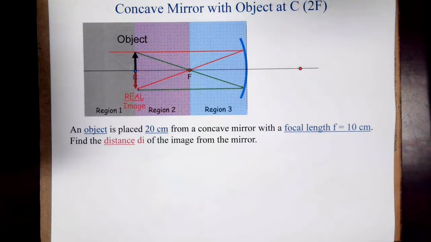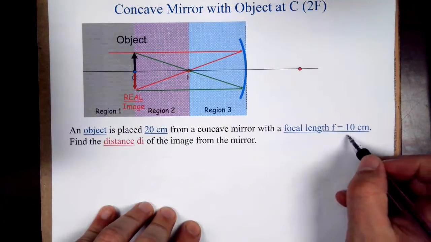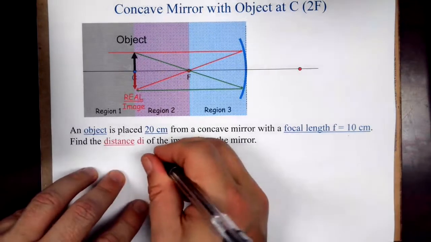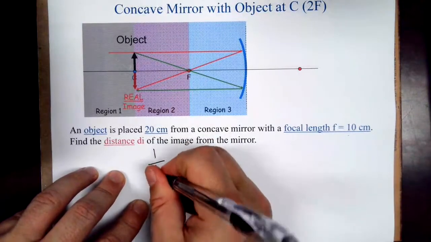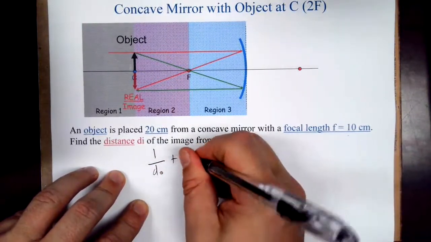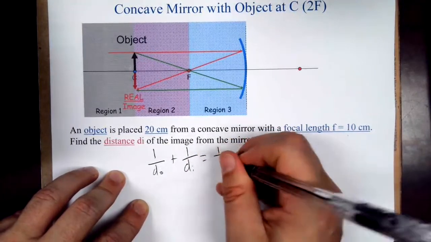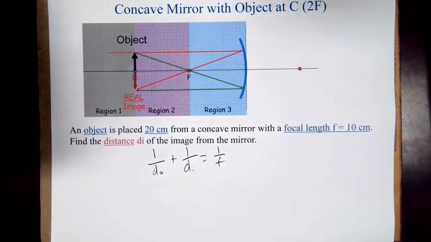All right, let's keep going through here. So now we have put our object at the center point. Our object is 20 centimeters, focal length is 10 centimeters, center point is twice the focal length, so 20 centimeters checks out. To do this one, we do what we just did. We write down our mirror equation, 1 over the distance to the object plus 1 over the distance to the image is equal to 1 over the focal length.